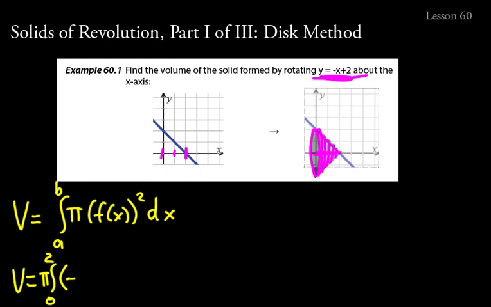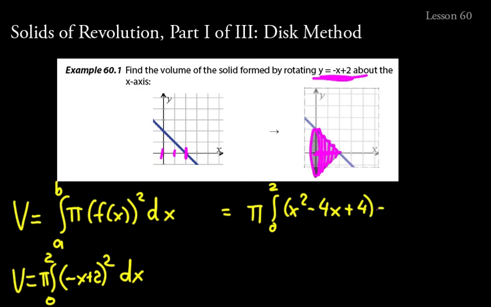So we have minus x plus 2 squared times dx. So expand that, pi, integral from 0 to 2 of x squared minus 4x plus 4 dx.